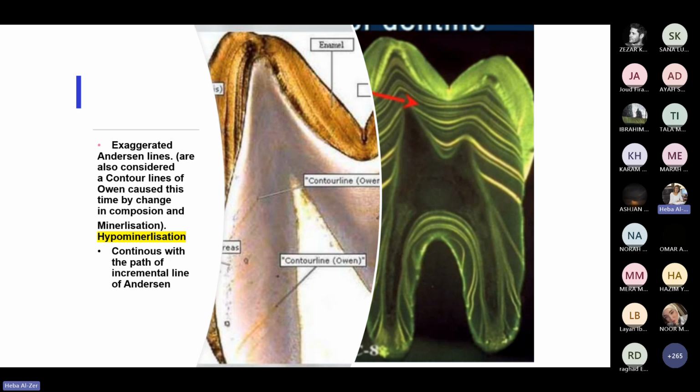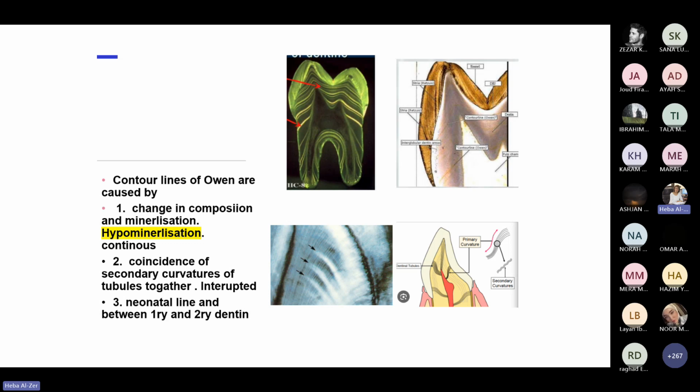If this happens, we see these lines that walk the whole thickness of dentine. They are also contour lines of Owen, but they are caused by hypomineralization of Andresen lines. Okay? So, to summarize, it's very important to understand this slide because sometimes it's confusing.